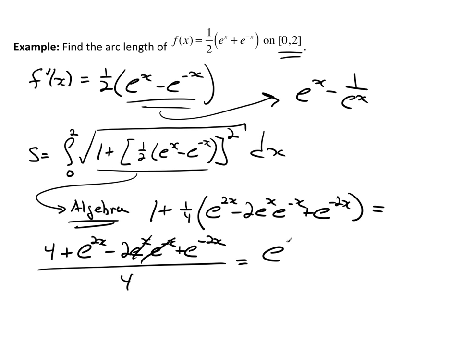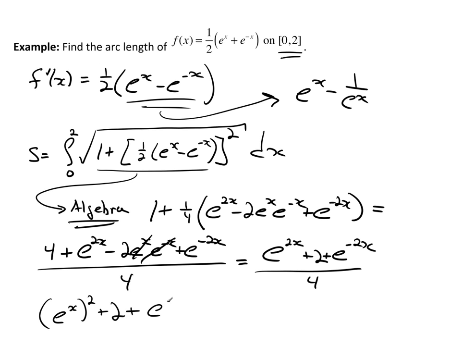This is going to be e to the 2x plus 2 plus e to the negative 2x all over 4. Well, see, this piece now, if I look at it as (e to the x) squared plus 2 plus (e to the negative x) squared over 4, the numerator is a perfect square.